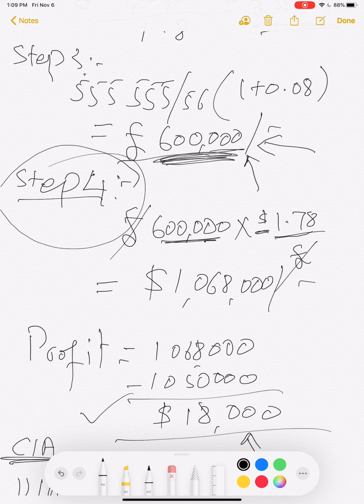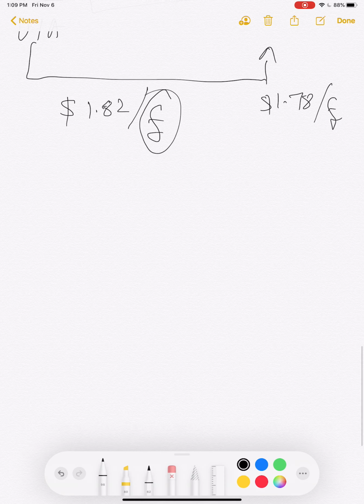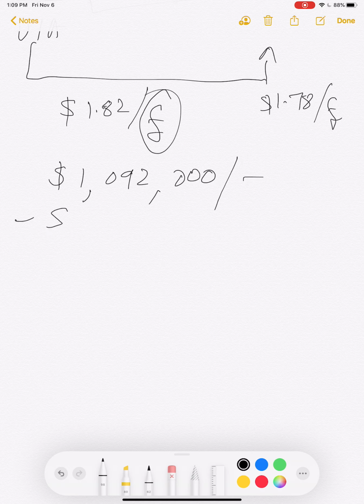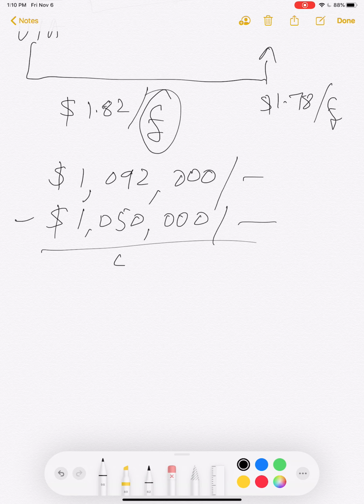I'm doing the calculation on the calculator in my hand, and if I multiply it with 1.82, you will actually get proceeds of 1,092,000. If you now subtract your 1,050,000, which was the principal and interest you needed to pay to your lender, then what is your profit?